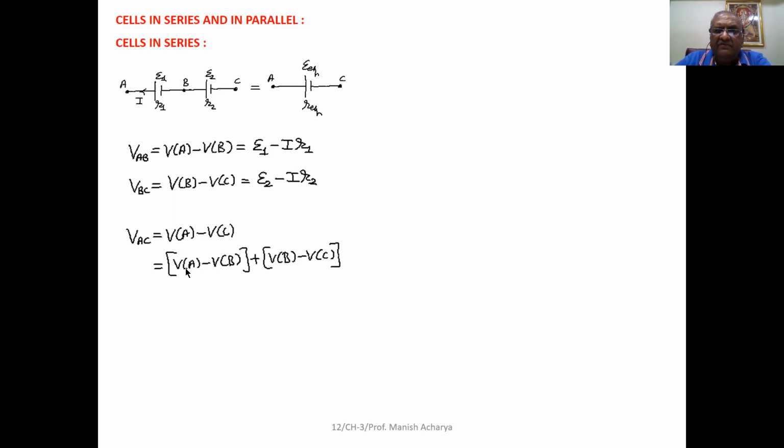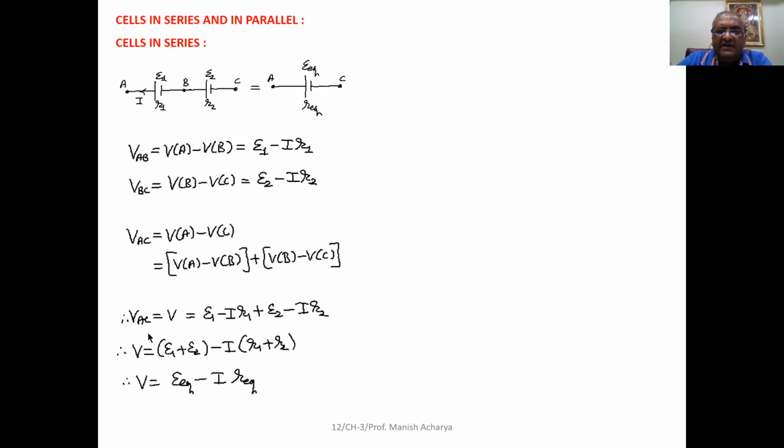But now VA minus VB you can write as E1 minus IR1, and VB minus VC you can write as E2 minus IR2. So VAC, say it is V, is equal to E1 minus IR1 plus E2 minus IR2. So we can rewrite this as V equal to E1 plus E2 minus I into R1 plus R2.